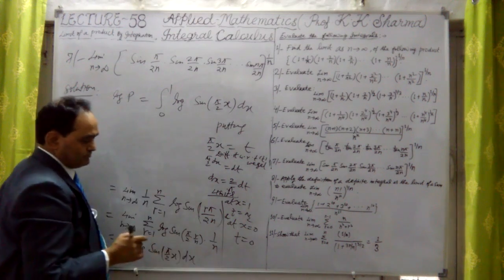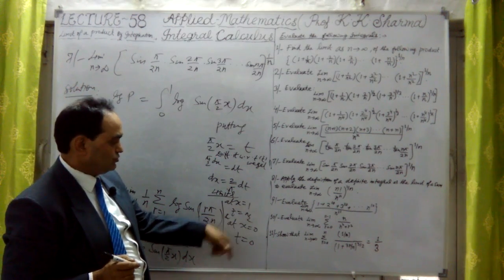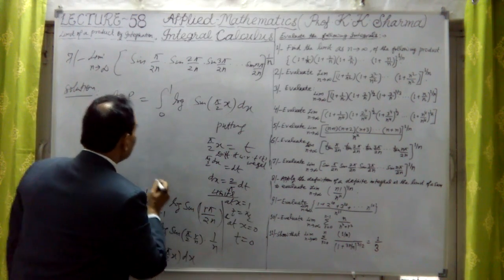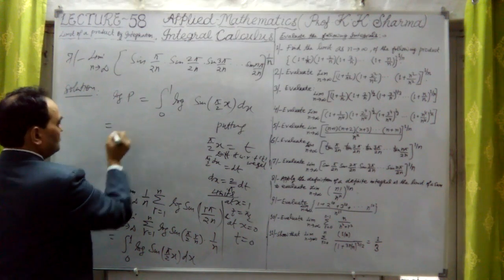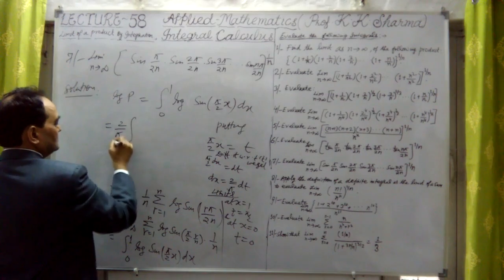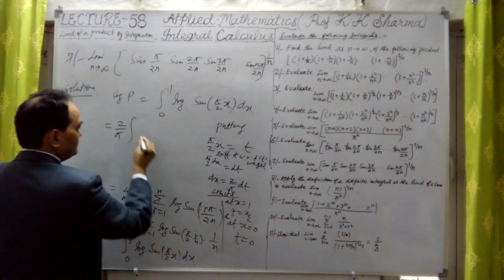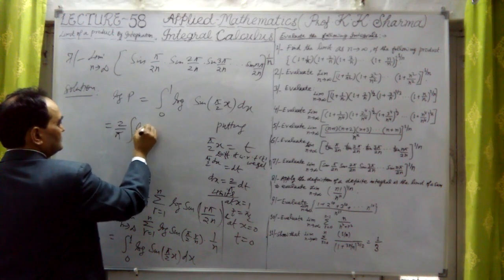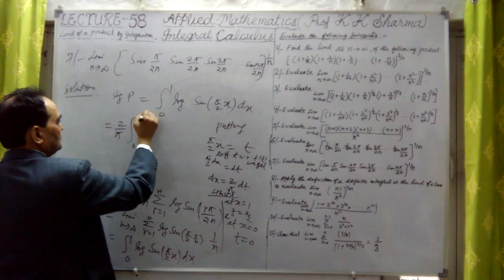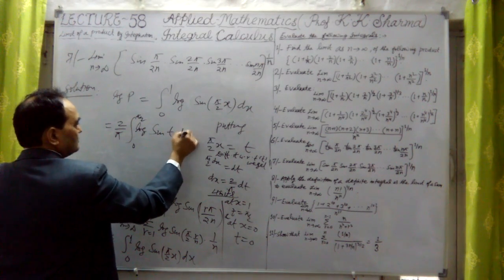The lower limit is 0, but the upper limit has changed to pi by 2, so the limits are 0 to pi by 2. Since dx equals 2 upon pi dt, I have taken 2 upon pi out of the integral. It is the integral from 0 to pi by 2 of log sine t dt.